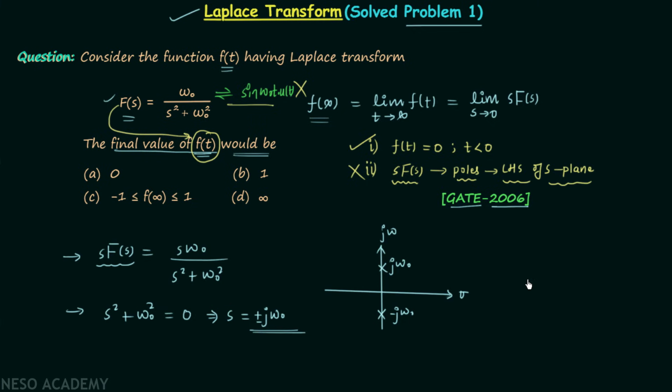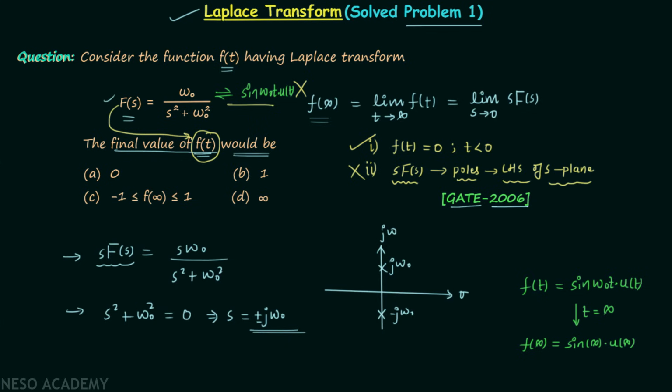So in this way, we have time domain signal f(t) equal to sine omega naught t multiplied to u(t). Now to get the final value of f(t), we will put t equal to infinity. So we have f(infinity) equal to sine infinity multiplied to u(infinity).